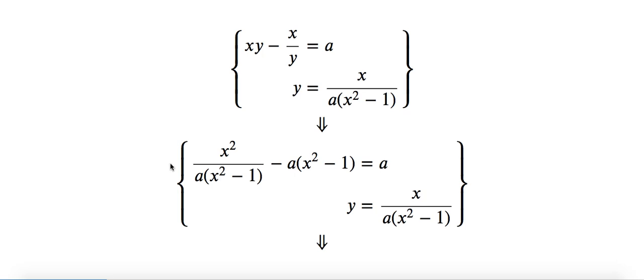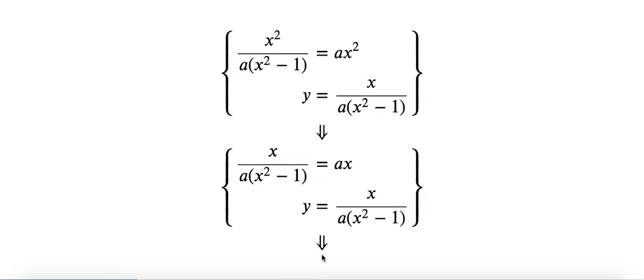For the first equation, on both sides, we can rearrange it, divide it by the non-zero common factor x to simplify the right-hand side of the second equation.